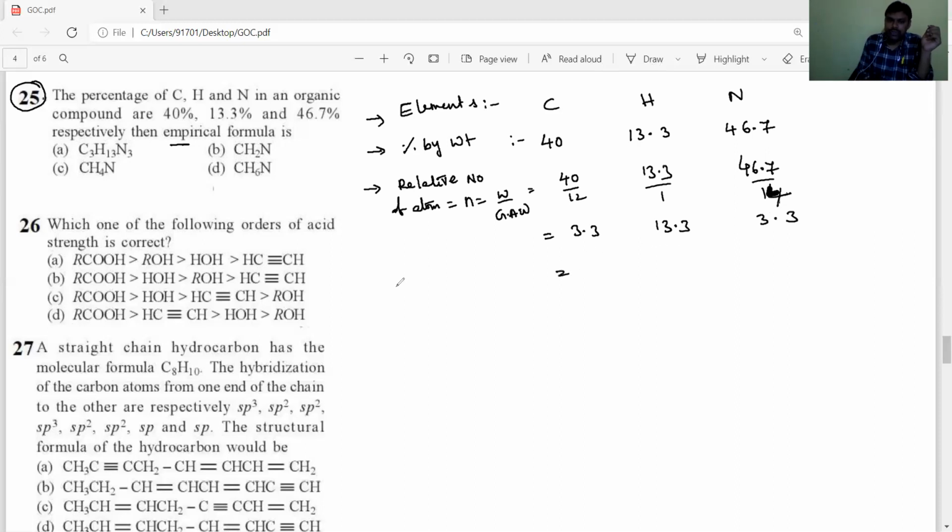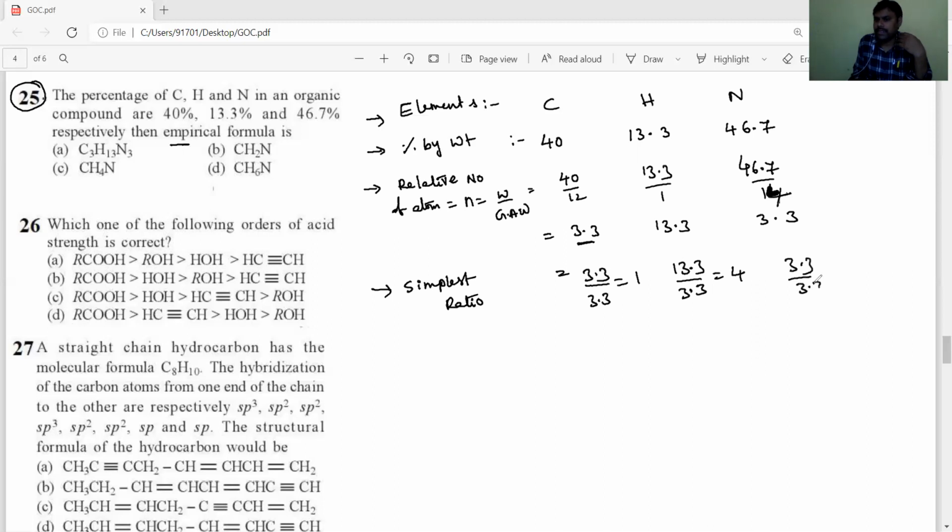Then the next step is the simplest ratio. The simplest ratio is nothing but the empirical formula. How do we find the simplest ratio, dear students? Divide by the smallest value. The smallest value is 3.3 only. 3.3 by 3.3 is 1, 13.3 by 3.3 is approximately 4, and 3.3 by 3.3 is 1.